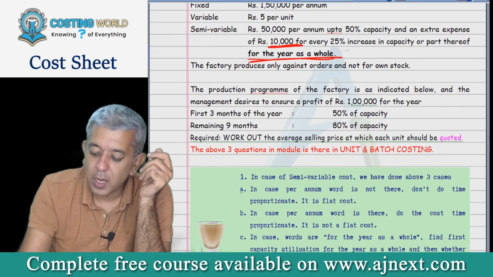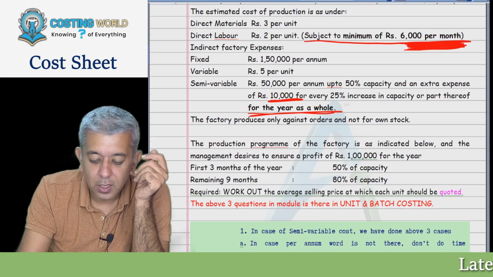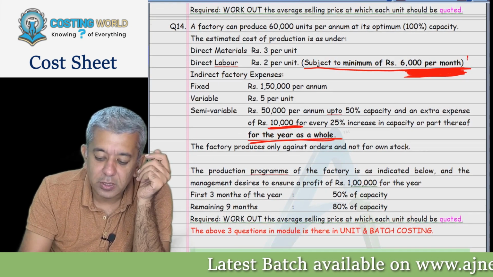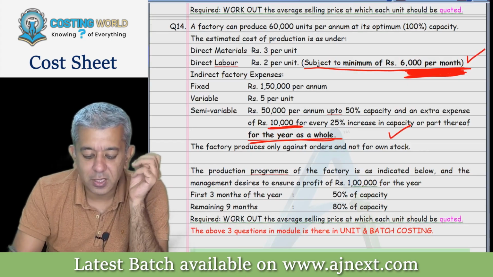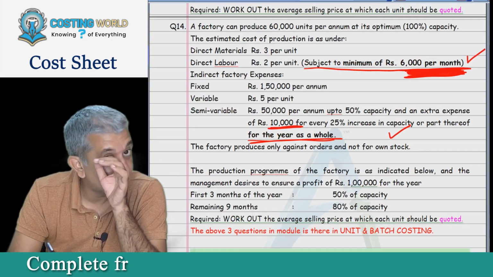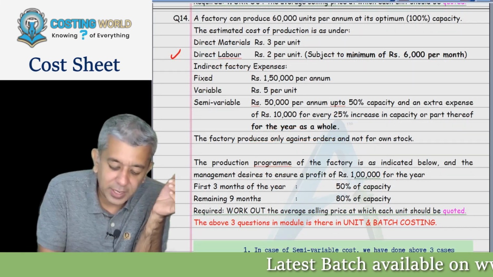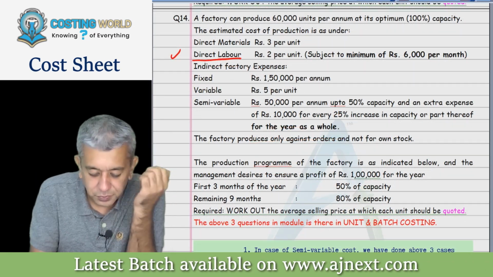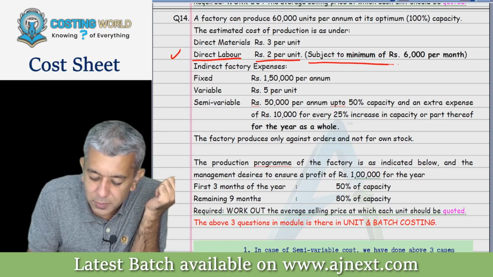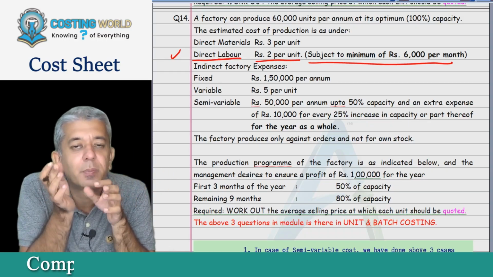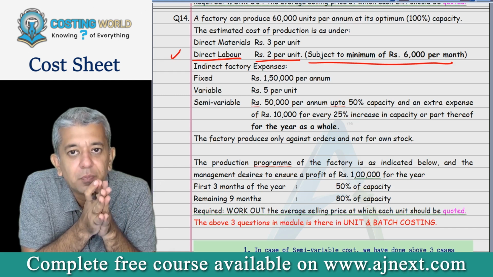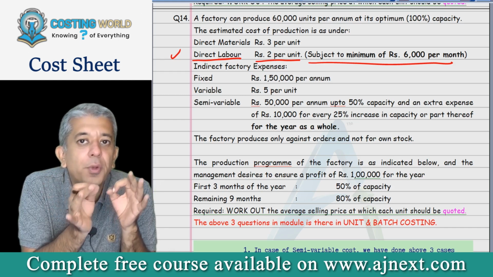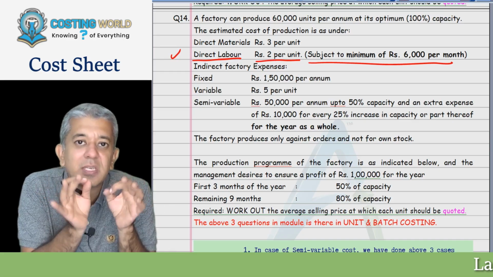You all are going to be thinking, how will this thing change your direct labor? And how will this thing change your semi-variable overheads? Okay. Let's start it off with direct labor. Now, direct labor, it is 2 per unit, but subject to minimum of 6,000 per month. Now, we have guaranteed a worker that we are going to be paying you minimum 6,000 per month.